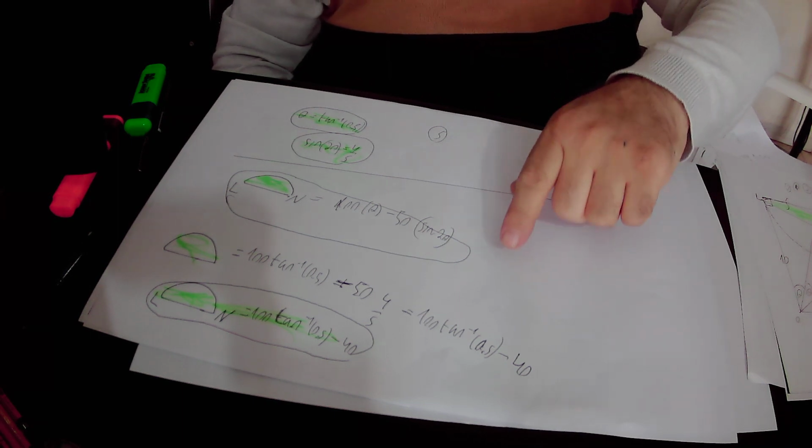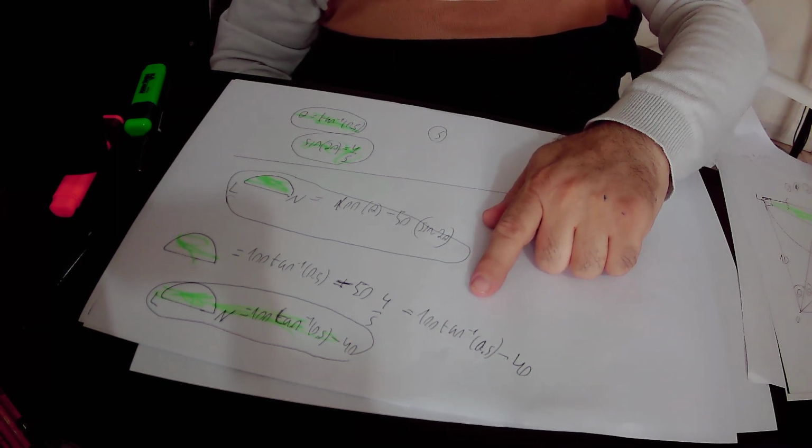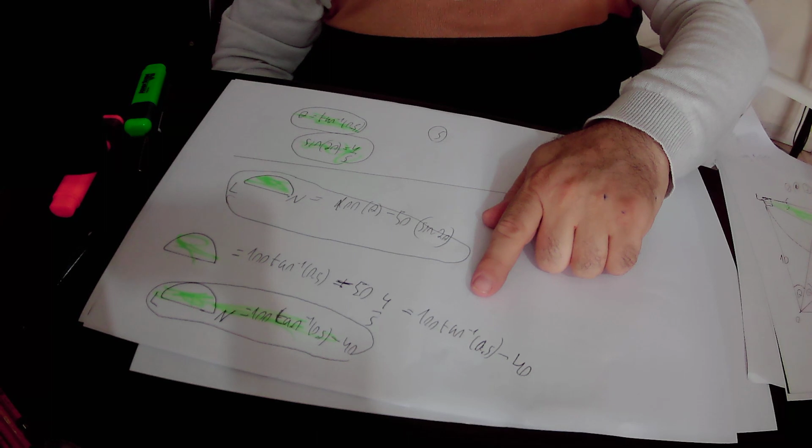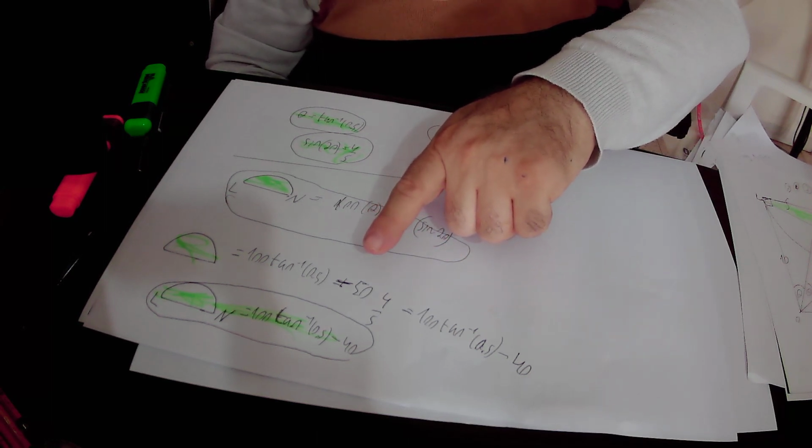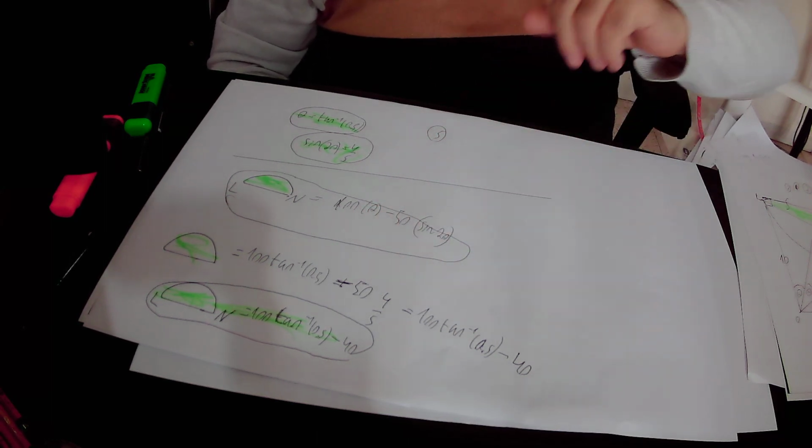So the area of the upper circular segment equals 100 times tangent inverse of 0.5 minus 40.